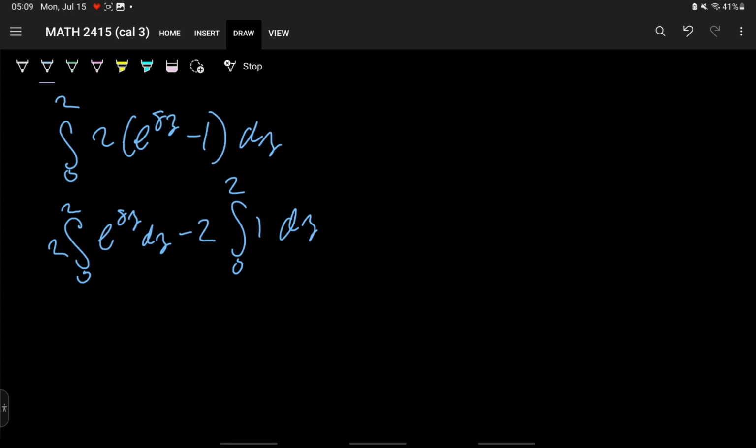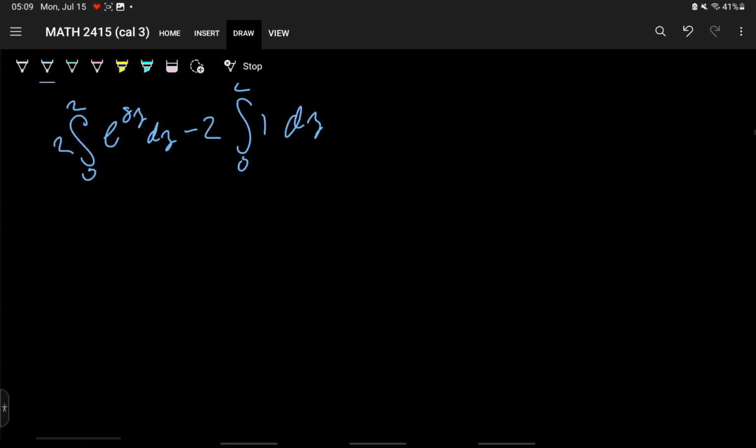And now we have to integrate each of them separately. So let's take a look at that first integral, which is 2 times the integral bounded from 0 to 2 of e to the 8y dy.